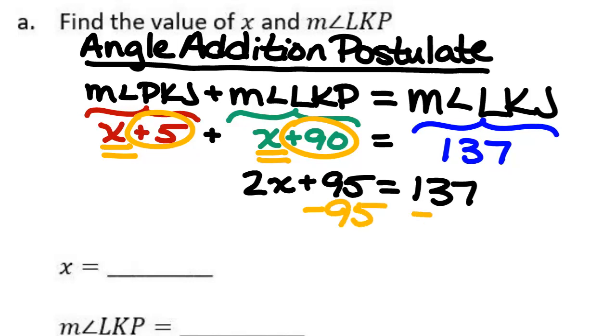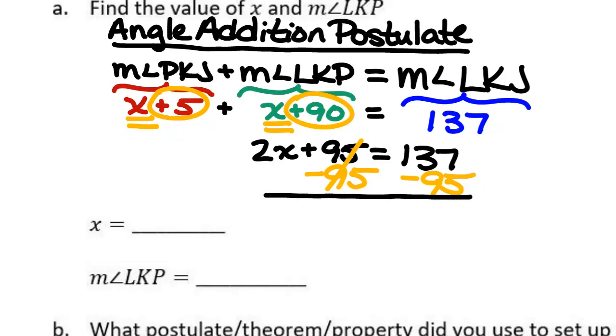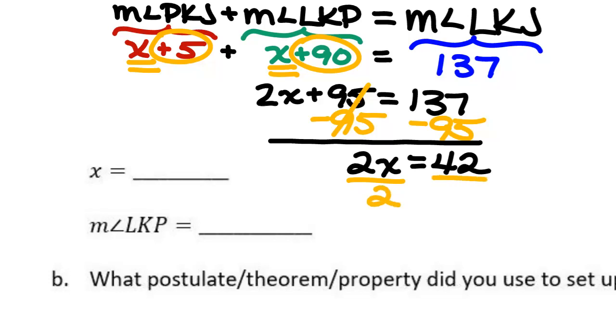Now I subtract 95 from both sides. What is 137 minus 95? 42. And then we divide both sides by 2. What is 42 divided by 2? 21. So x is 21.